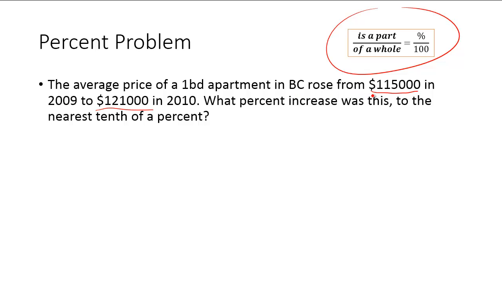What percent increase was this to the nearest tenth of a percent? When they ask about a percent increase, they're not asking about what percent is this out of a total. It's how much is the difference out of the original. So difference out of the original is what percent increase or percent decrease will be.